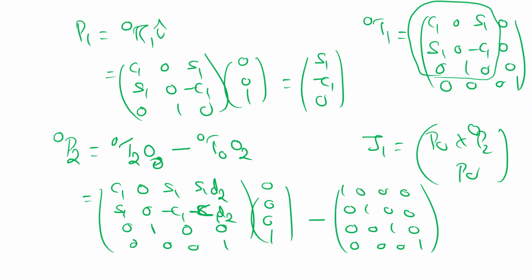When you multiply, you get only the translation part, called the position vector.